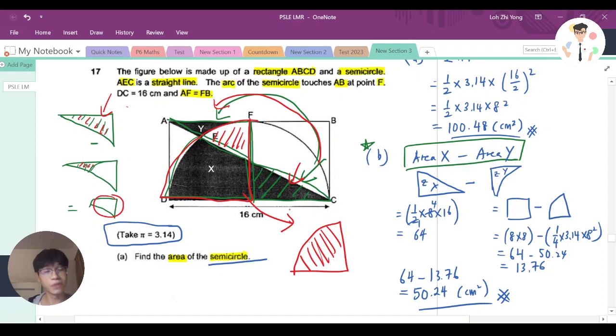So honestly, if you are good with this, you are able to do only this. It means your whole part B, you only need to do this. The quadrant is 1 over 4 times 3.14 times 8 squared. The answer is 50.24, and you can see it's exactly 50.24 cm squared here, and the answer is also 50.24 cm squared.